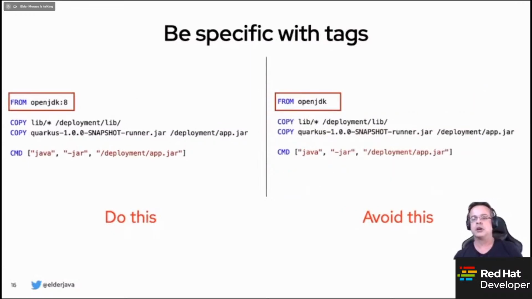And as you use official images, one step further, be specific with tags. And I would say the same not just for containers, but your application itself. Because many times people use the latest tag. And the latest tag is very dangerous because it is replaced all the time.